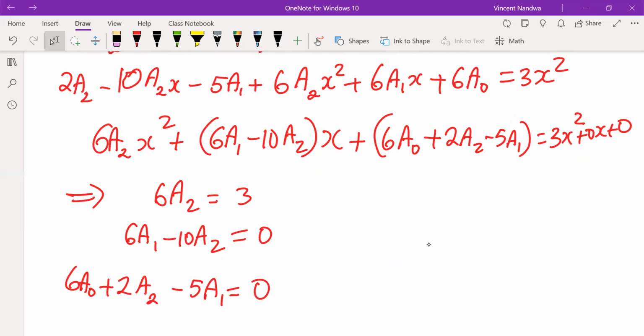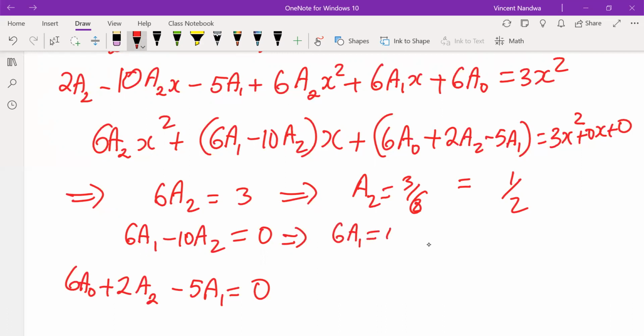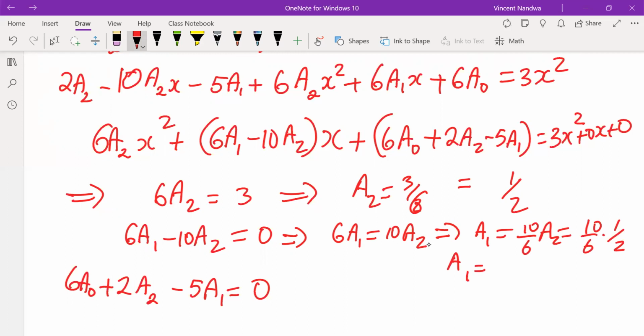This means that I'll get here a2 to be 3 over 6, which is a half. And then this means 6a1 equals 10a2. So it means a1 equals 10 over 6 a2, which is 10 over 6 times a half. So a1 will be 5 over 6.